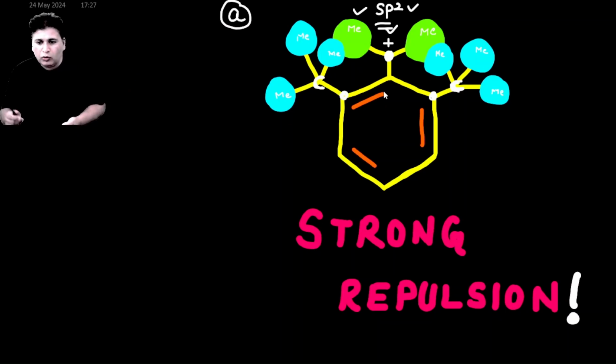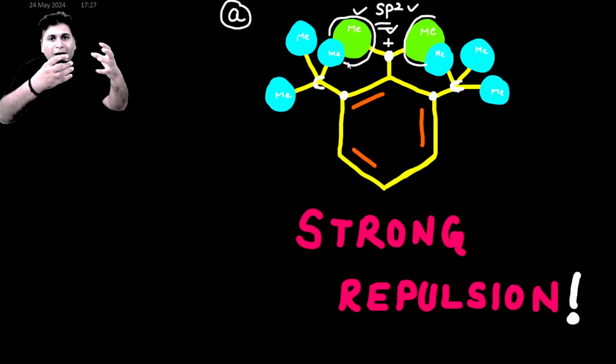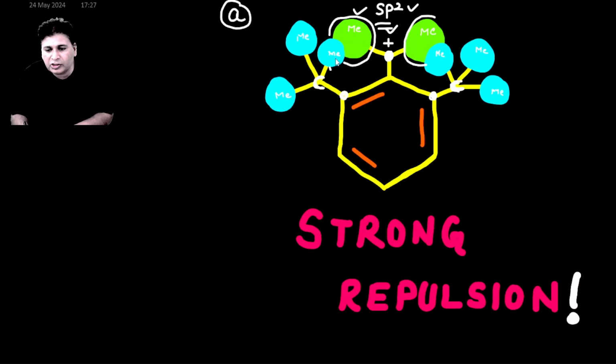So in that course, if it tries to be in the same plane as the benzene ring, a problem arises. What is the problem? Because of these 2 bulky methyl groups, there happens a repulsion due to their sizes. The tertiary butyl group is also a very bulky group.